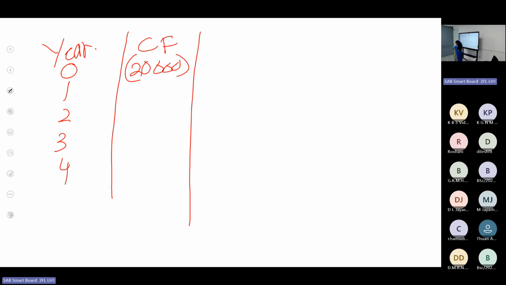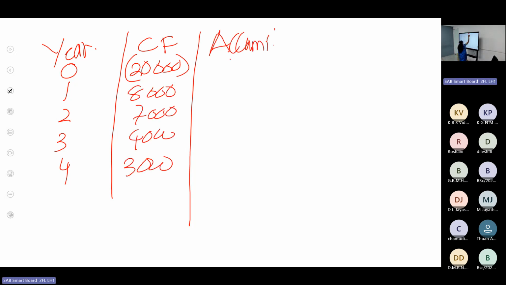First year cash flow, 8,000. Second year, 7,000. Then 4,000. Then 3,000. Right. Now the last row should be the accumulated cash flow.